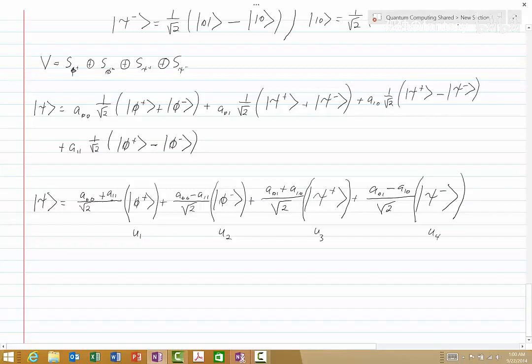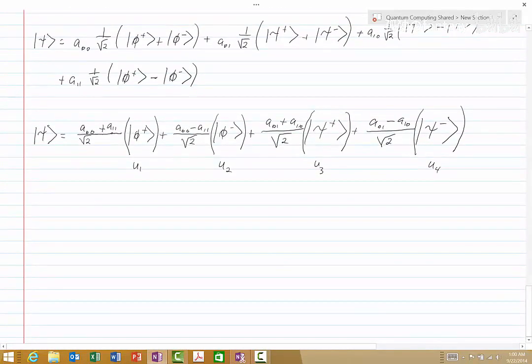Notice each one of those is a permissible state. It has a magnitude of 1. And so now we have C written exactly as we have written our general states before. And so now we can answer this problem.